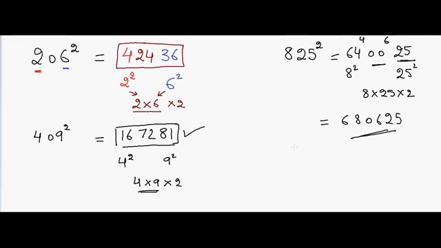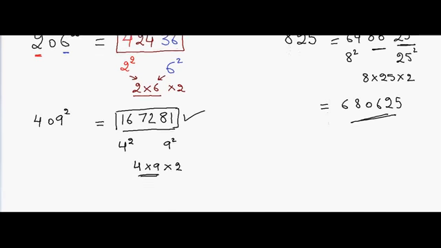Now how does this trick work? Let's look into it. Any three-digit number can be written in the following form: 100x plus y. So if x is equal to 3 and y is equal to 6, then it will be 306, right?